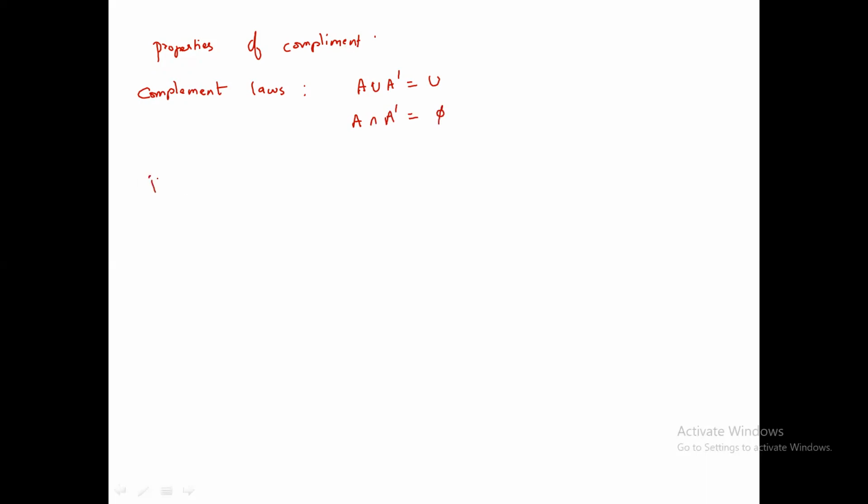Then, as I told you, De Morgan's law. There are two laws again. A union B whole dash is A dash intersection B dash. A intersection B whole dash is A dash union B dash.